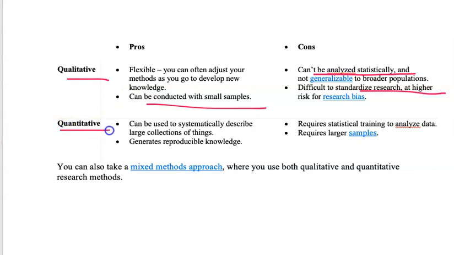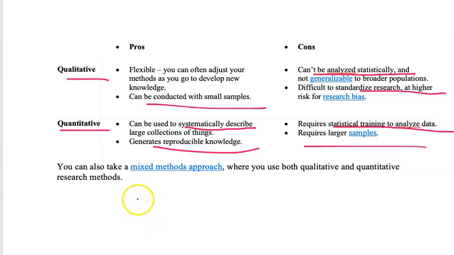But when we do quantitative research, it can be used to systematically describe a larger collection of things and generate reproducible knowledge. It requires statistical training to analyze the data and requires larger samples of data, so that it can be used in software like Excel, SPSS, RStudio and others.